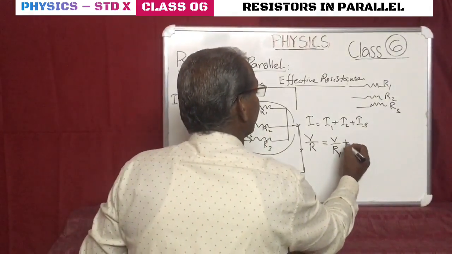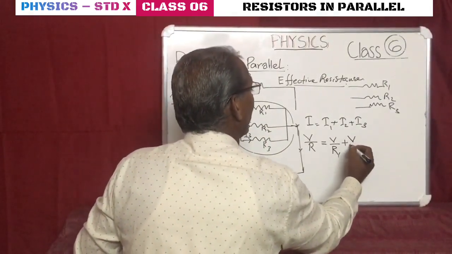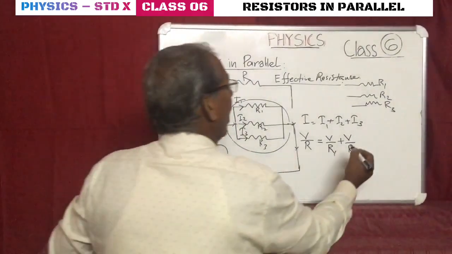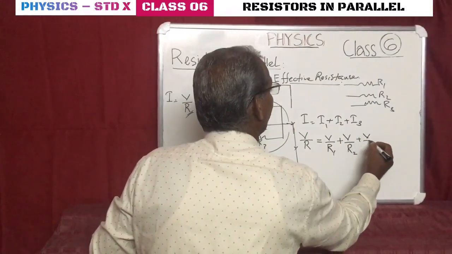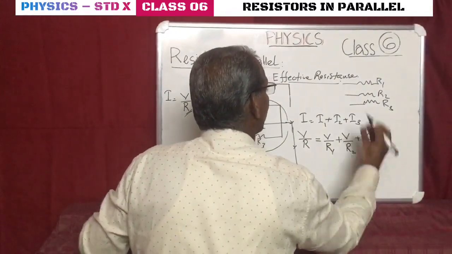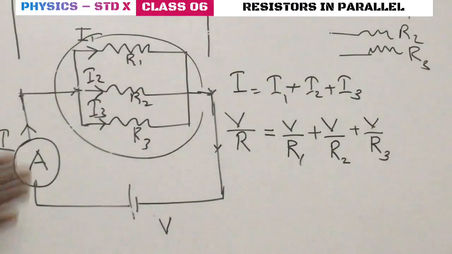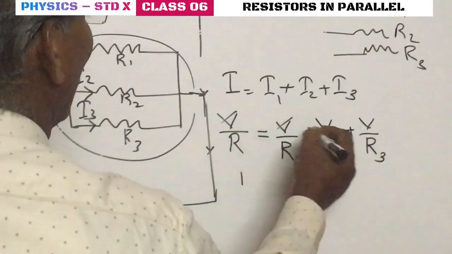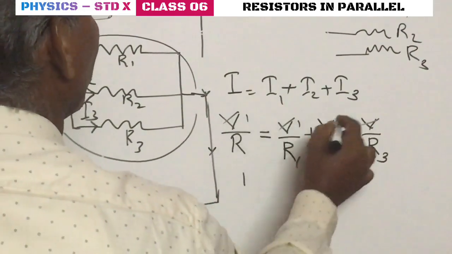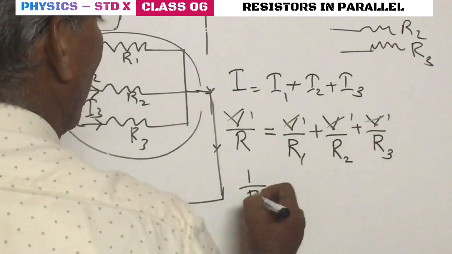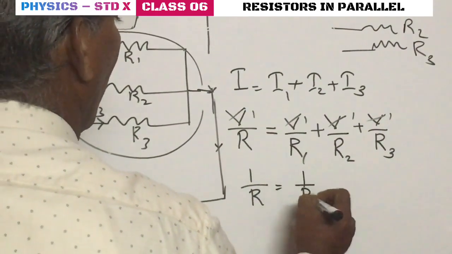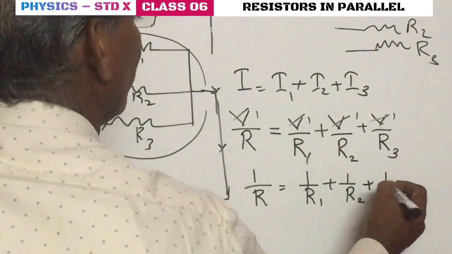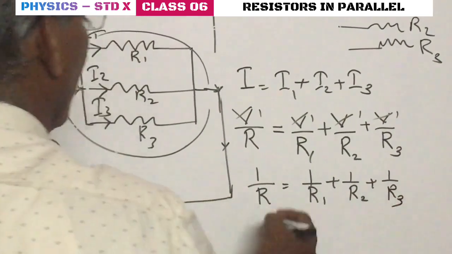Now same way we can write V by R2, which is I2. Then I3 can be replaced by V by R3. See, V is common in all these equations, so V can be cancelled. So we can write 1 by R is equal to 1 by R1 plus 1 by R2 plus 1 by R3.